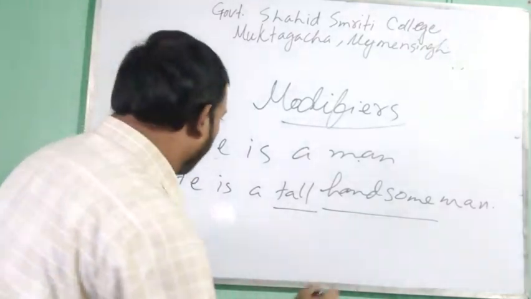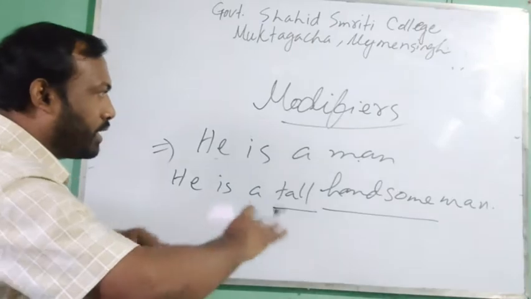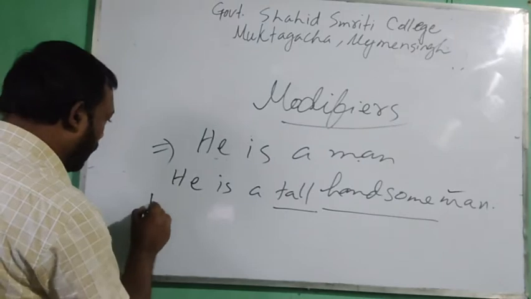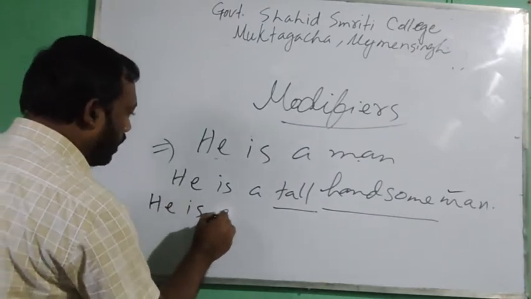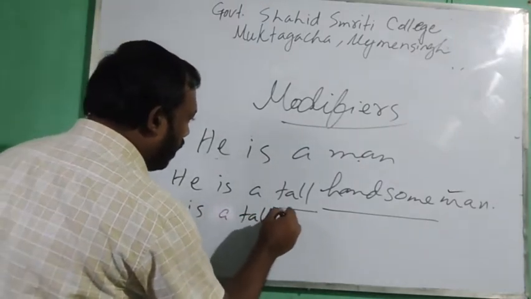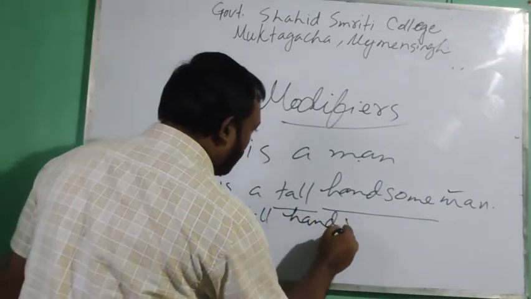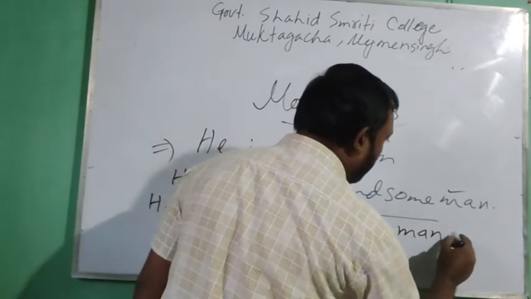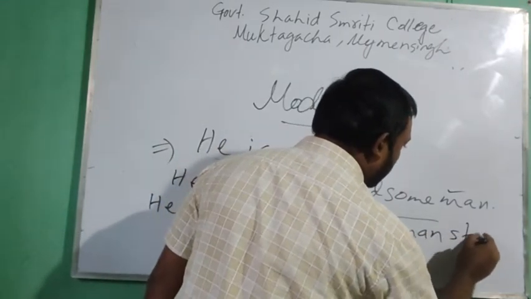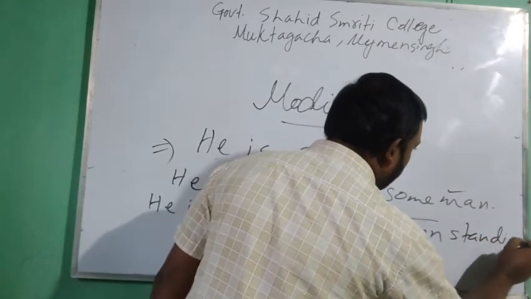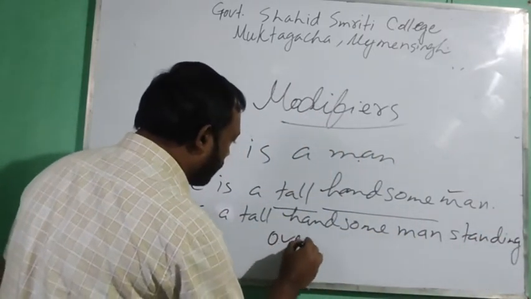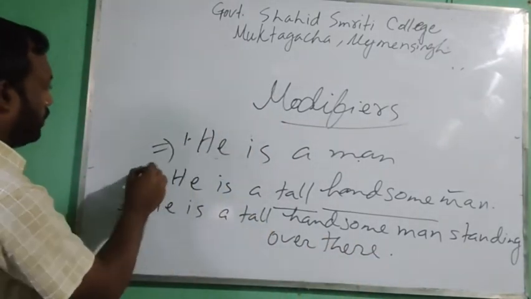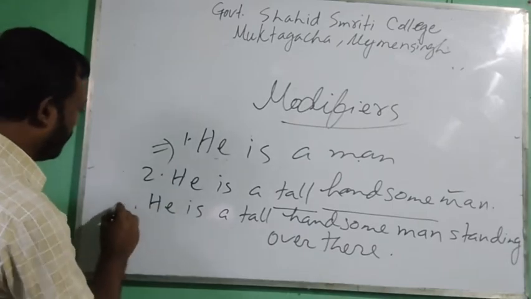So we can also extend the sentence by adding something after the noun man. Look: he is a tall, handsome man standing over there. So sentence 1, 2, then comes 3.